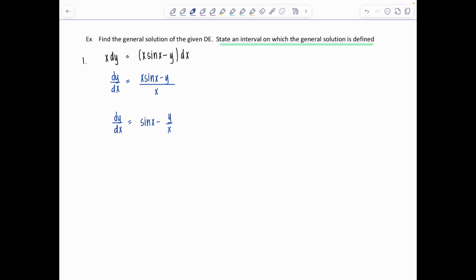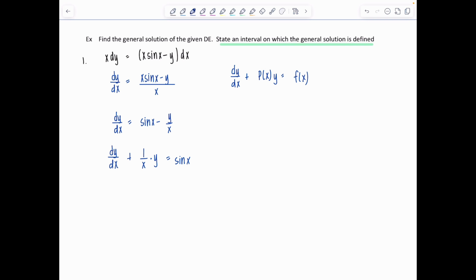And remember, standard form is dy dx plus p of x times y equals f of x. So we're almost there. Let me move over y over x. And then now I have dy dx plus, for simplicity, 1 over x times y equals sine of x.